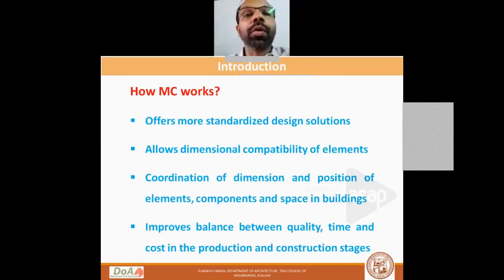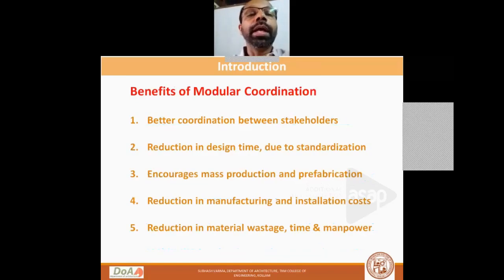Because of modular coordination, one can go for mass production so that the quality, especially the dimensional precision and material quality, can be maintained, and time and cost can be controlled. And what are the benefits of modular coordination? We can say that there are five important benefits.